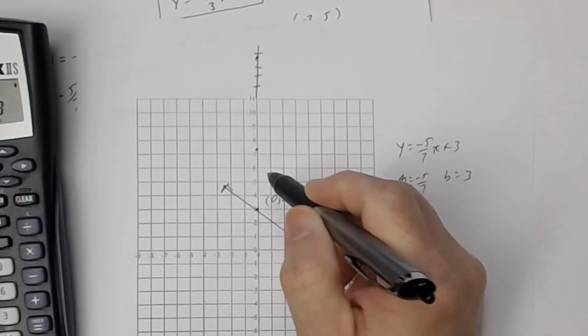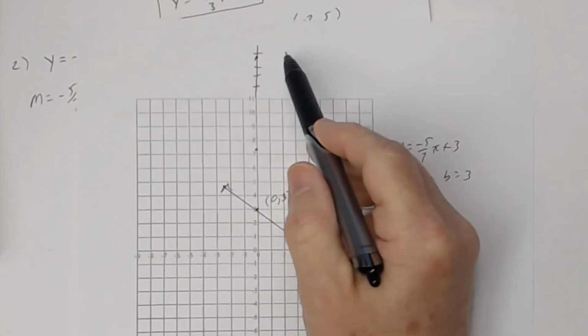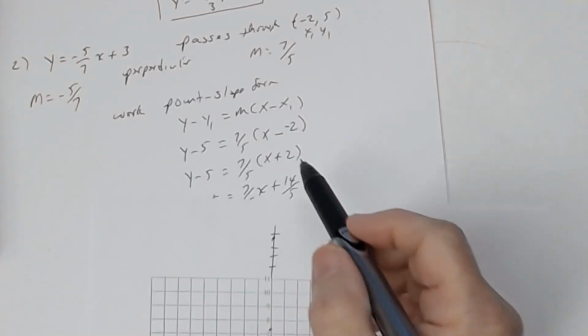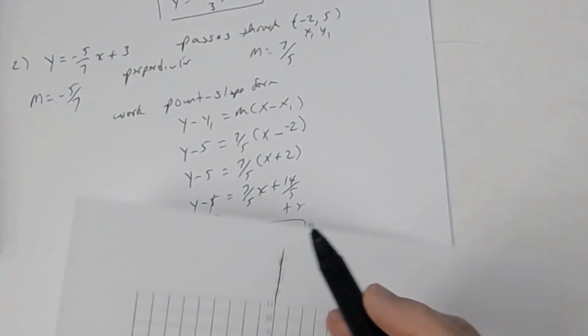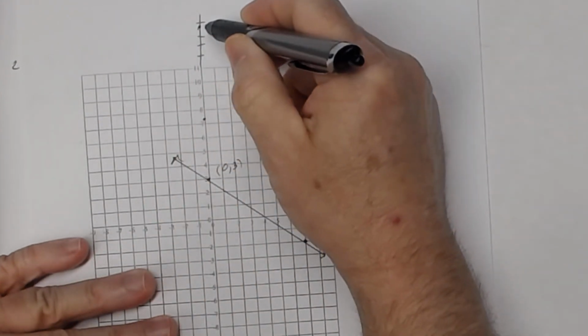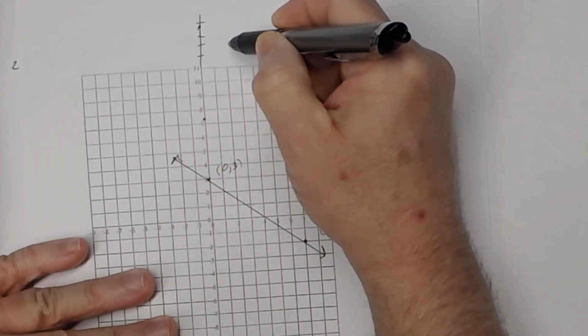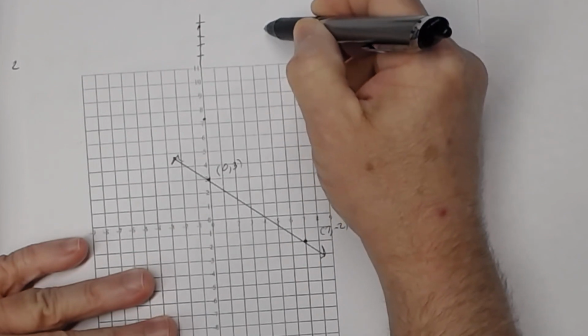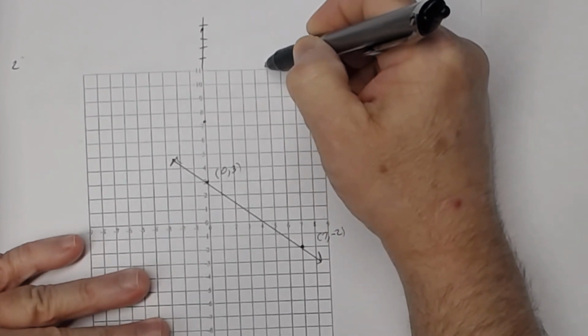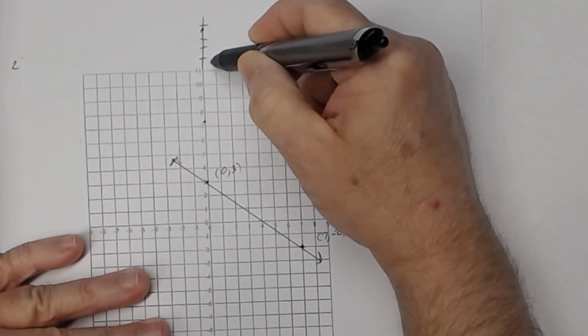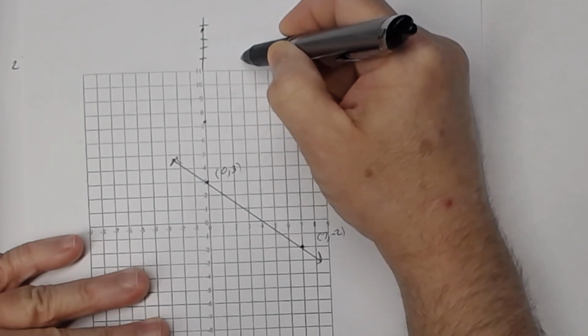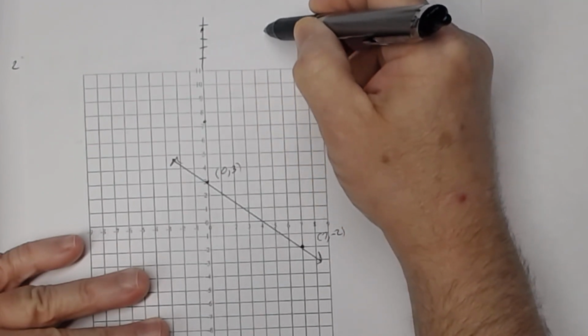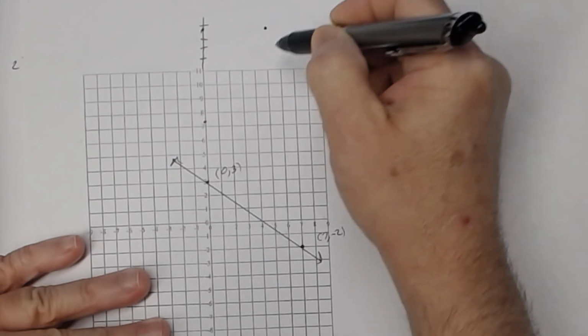Then from here, I'm going to go to the right 5. So 1, 2, 3, 4, 5. Let me estimate where that is. Let's do it again, 1, 2, 3, 4, 5. So that's about here.